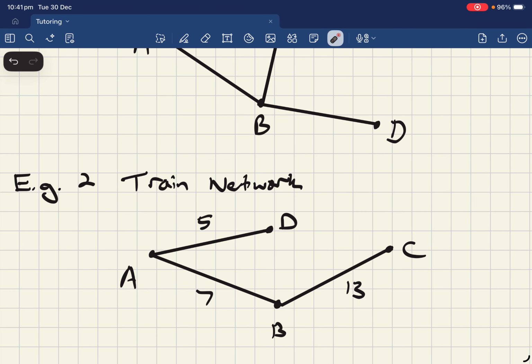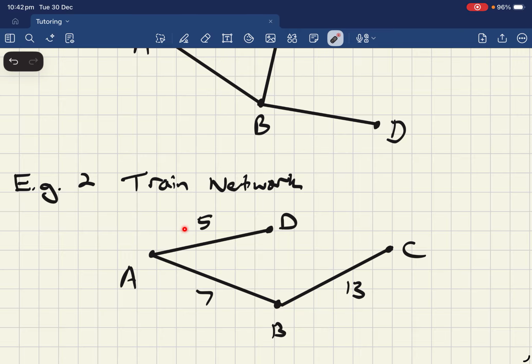We're going to talk about them a lot more in the next video, but they are what we call weighted edges. So they have a certain number or weight associated to them. This could be, for example, distance, it could be time, it could be any quantity that you can assign to this connection between the different vertices.